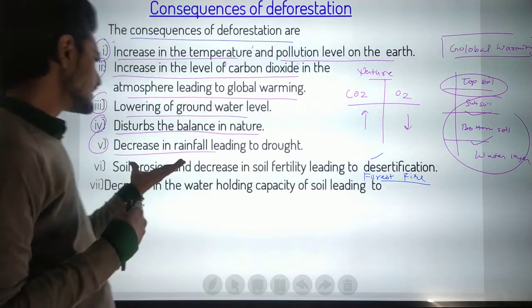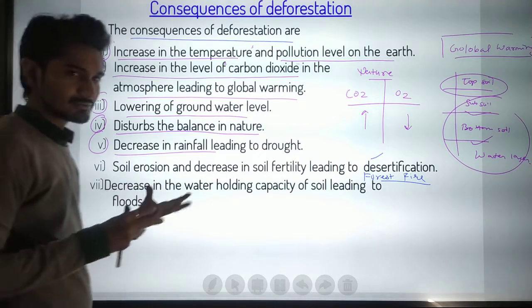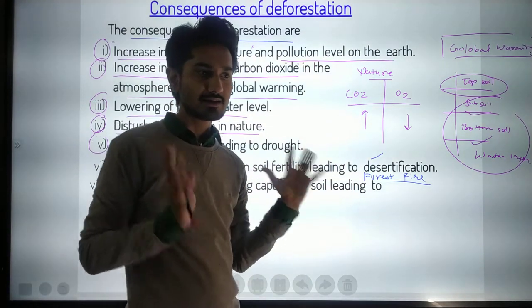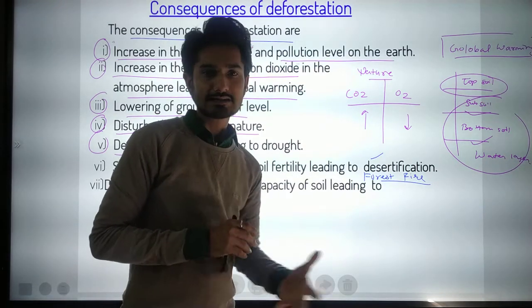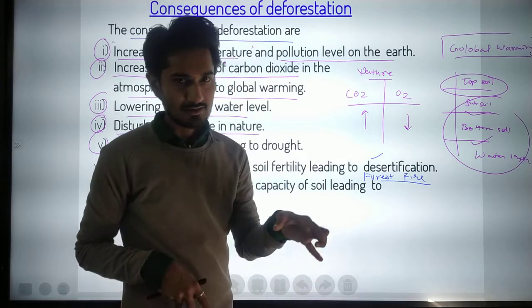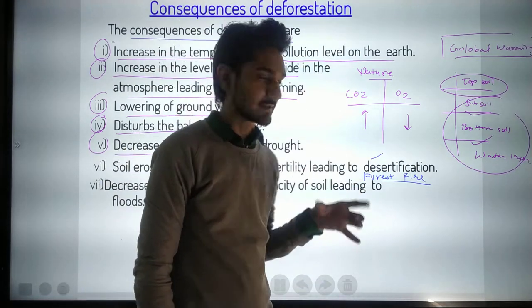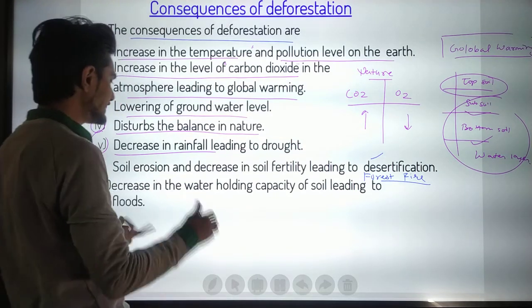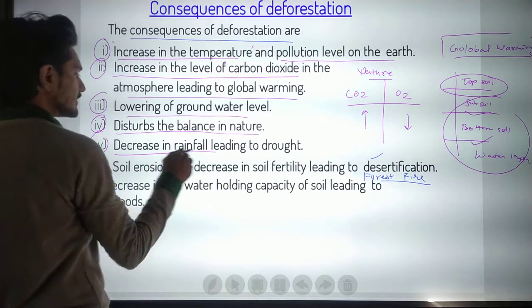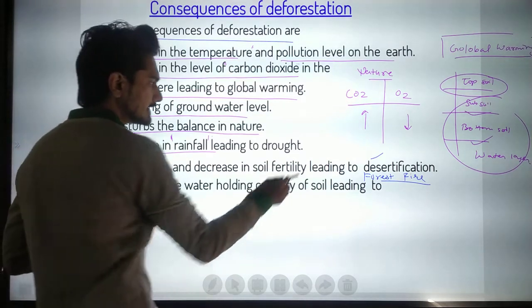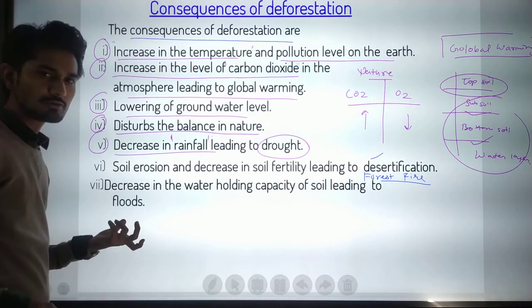A large number of trees present in an area will bring more rain there. But if we cut down these trees, if we cut down this forest, it will lead to decreased rainfall, and decreasing rainfall leads to drought. I have already told you what a drought is.